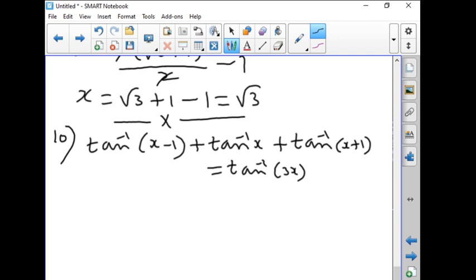Two by two you can take and simplify. Any method can be followed. Here I will teach you by using the fifth question. So what is the fifth question?